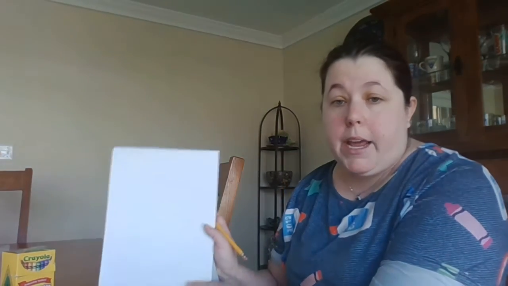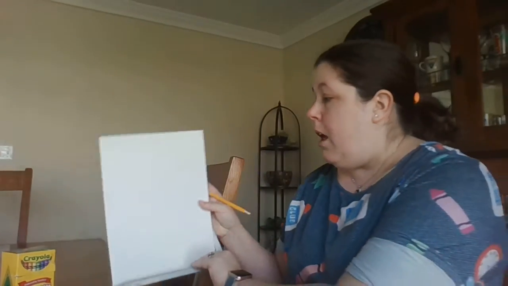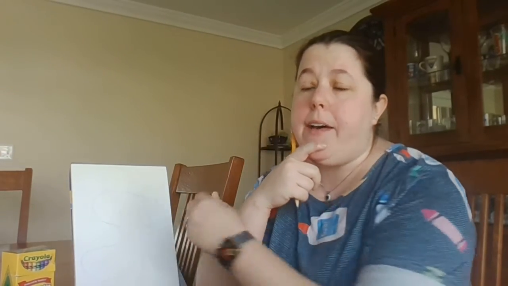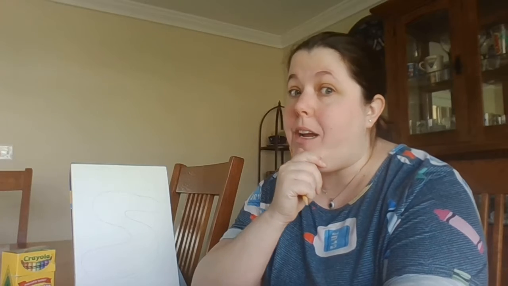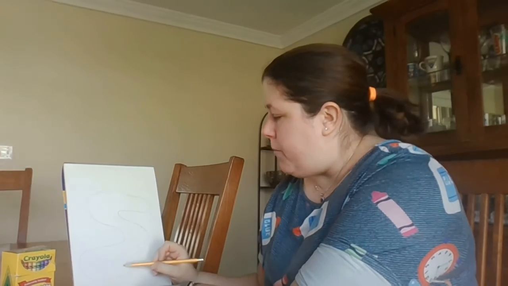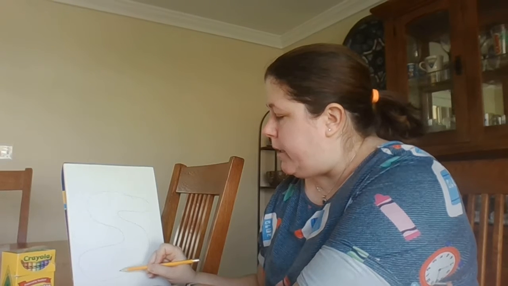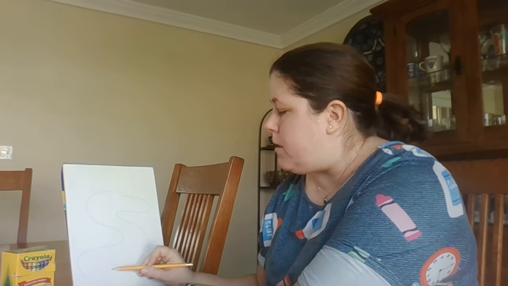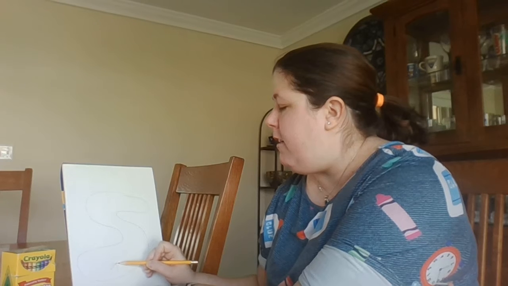So there is my bubble S. On my island, what should I have on my island? What kind of things would you find on an island? You might find some palm trees. So we're going to draw little trees and then just draw some palm leaves coming off of it.